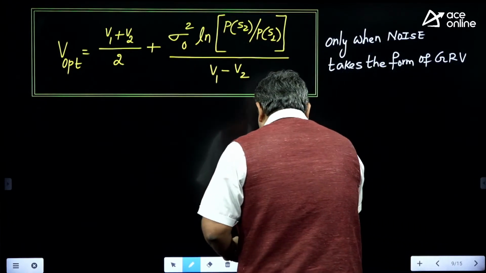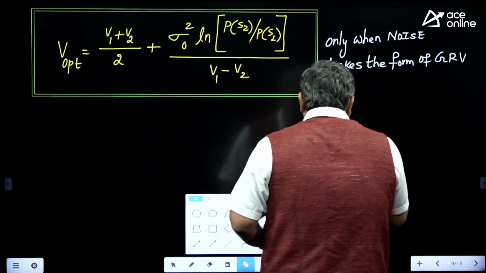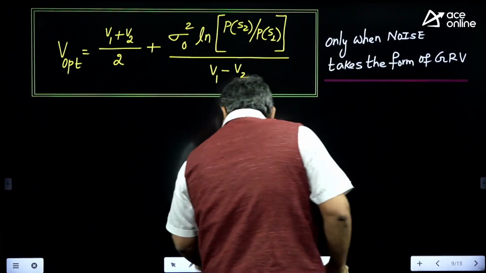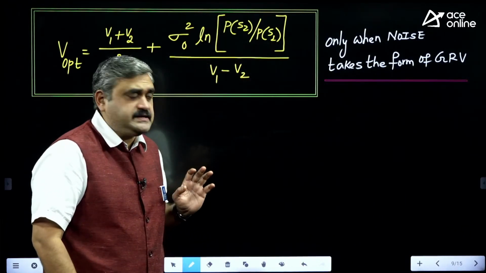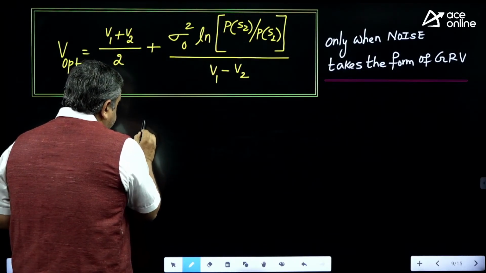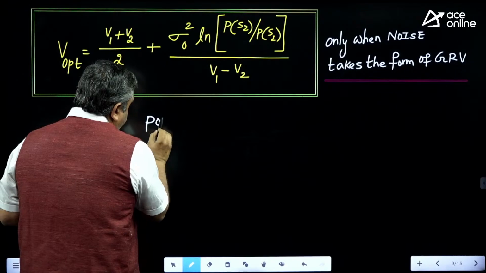Then only you can use it. Otherwise, we cannot use it. So most of the times the questions coming in your exam, sometimes direct formula based. Easily you can answer. So here, suppose let us assume I am using a polar coding scheme.